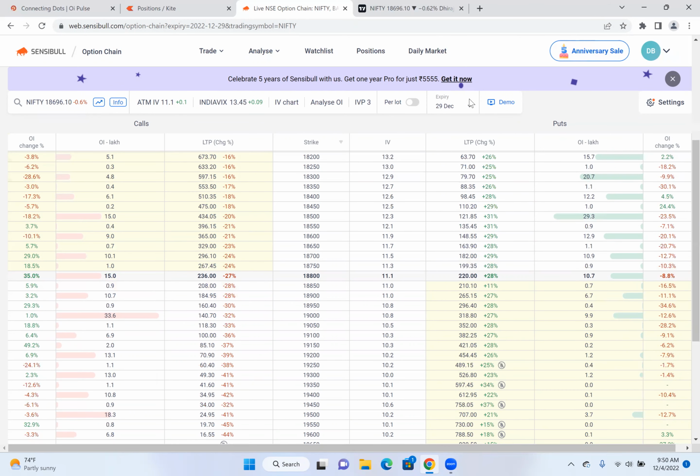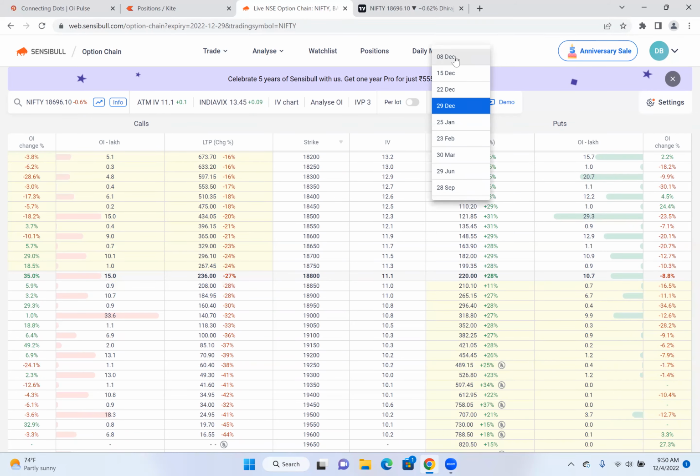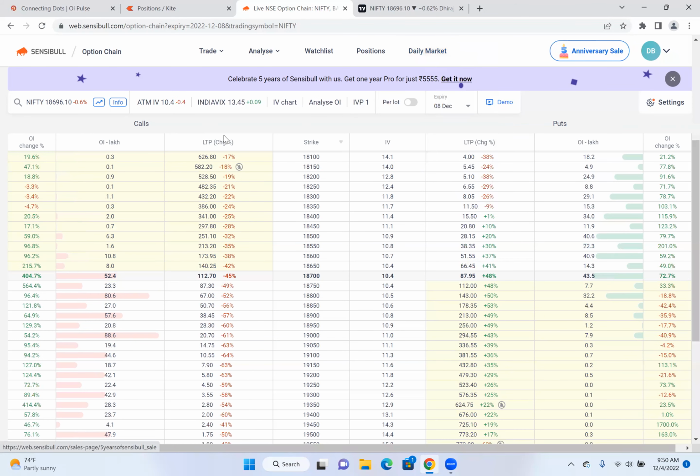The data will change. So let me go back to the 8 December expiry. We know the concept of ATM, and I had talked about implied volatility. The last ATM IV for Nifty was 10.4. India VIX, which is an indication of volatility, we'll talk more on the IV, etc.